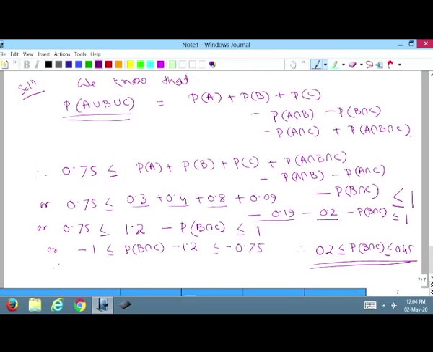Therefore, the minimum and maximum values for probability of B intersection C are 0.2 and 0.45. That is the answer.